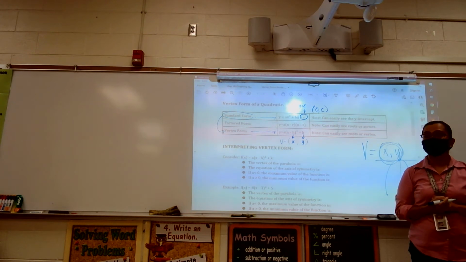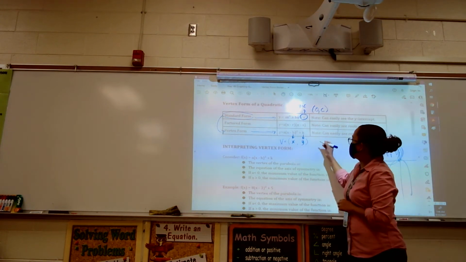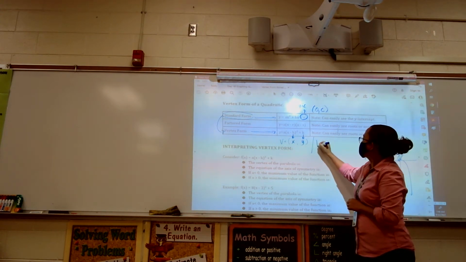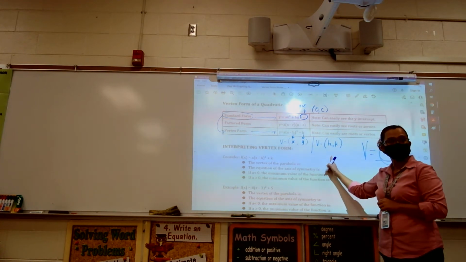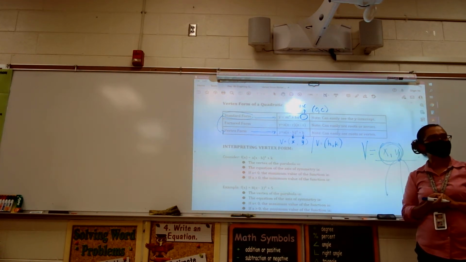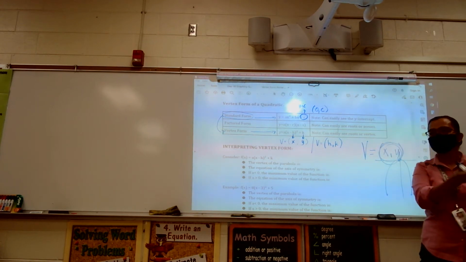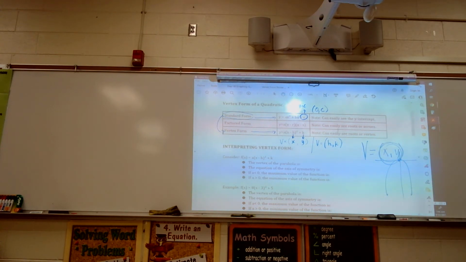A vertex form, okay? Now, again, I can say that vertex is also equal to H and K. Does it make sense to you? Again, I'm just replacing a variable on it.